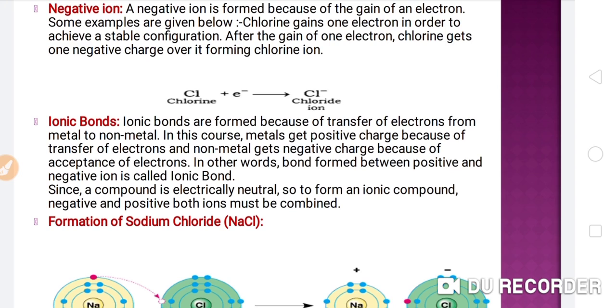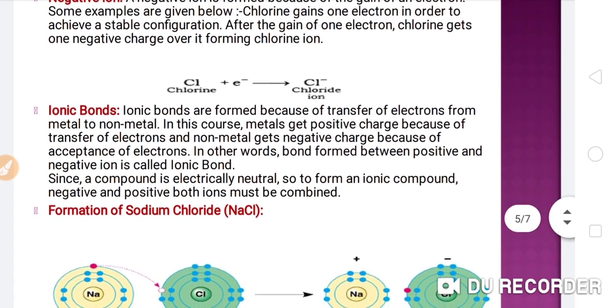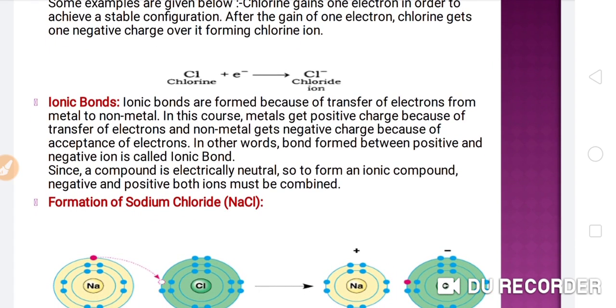Ionic bonds are formed because of the transfer of electrons from a metal to a non-metal, meaning this bond will form between the metal and the non-metal. In this process, the metal gets a positive charge because of the transfer of electrons, and the non-metal gets a negative charge because of the acceptance of the electron.